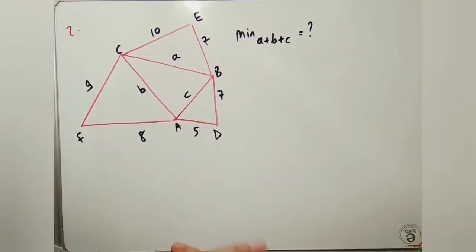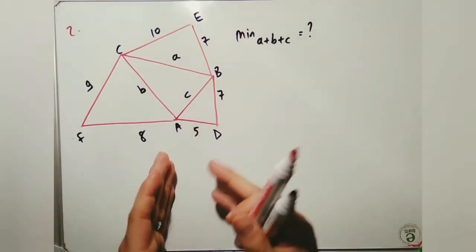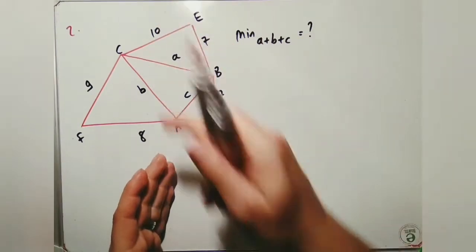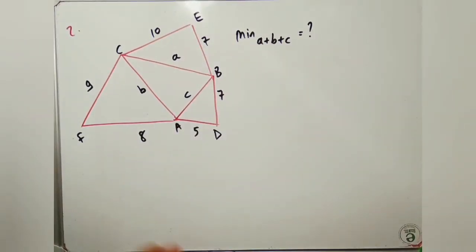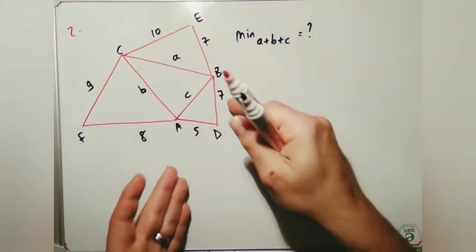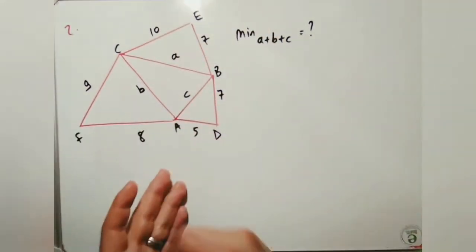Take a look at the second question. There are 4 triangles: triangle ABC, ADB, BEC, and ACF are given. And also the lengths of the sides are given, such as A, B, C, 7, 7, 5, 10, 8, and 9.